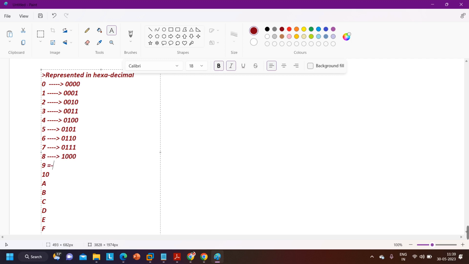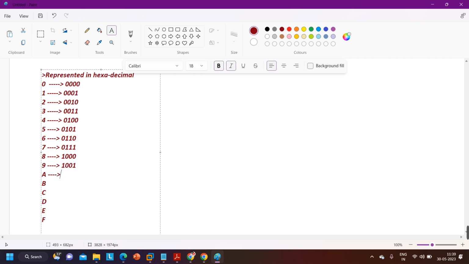If I talk about the binary of 9 in hexadecimal, the character 9, the binary will be 1, 0, 0, 1. That is 8 plus 1, 9. If I talk about 10, 10 is not there in hexadecimal, it's A. Instead of 10, we say A. A means 10.